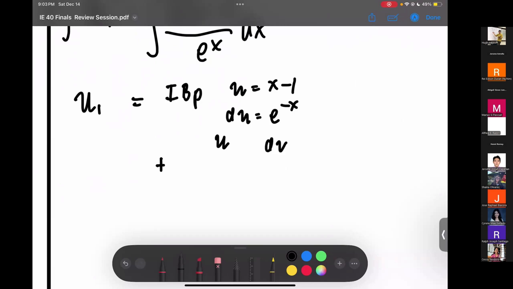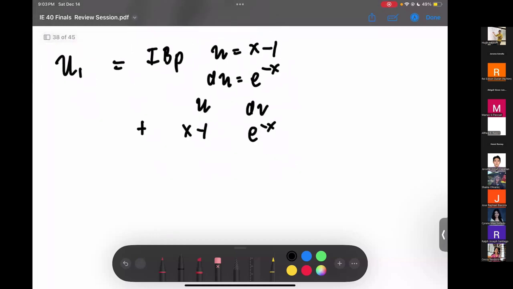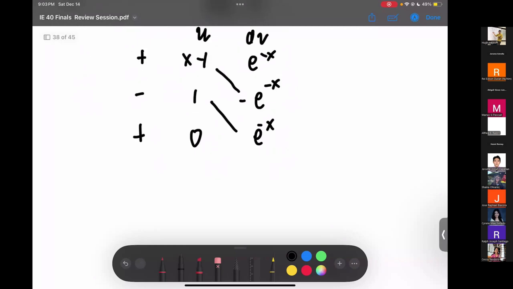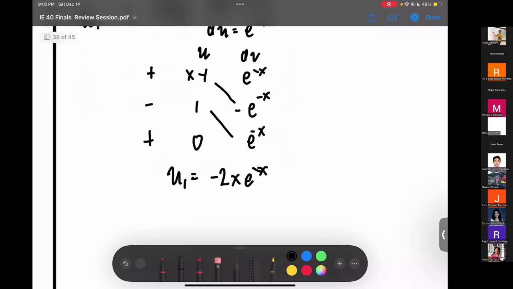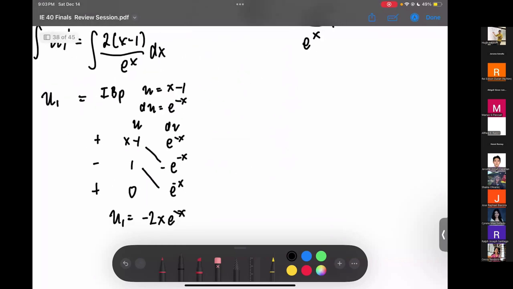I don't like doing it the normal way. Kasi this is just way more efficient kung oscillating siya like e. So basically differentiate this pababa. So nag-oscillate siya, and then this becomes 1, 0. And then, yeah, so then basically, this will just end up being negative 2x e raised to negative x. So you will see later mag-cancel yung e.